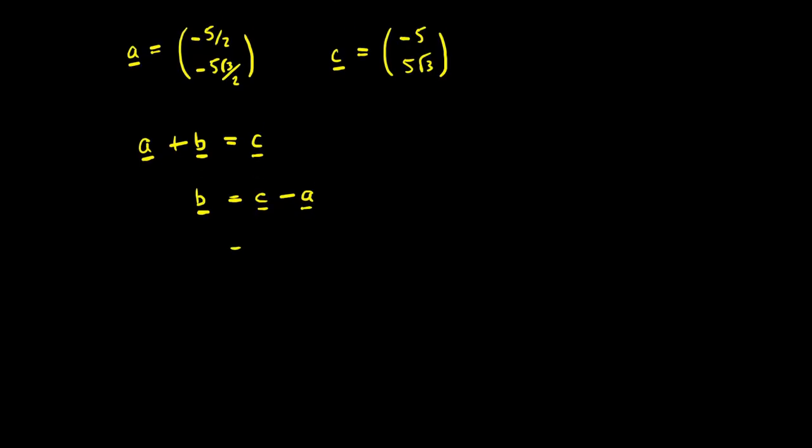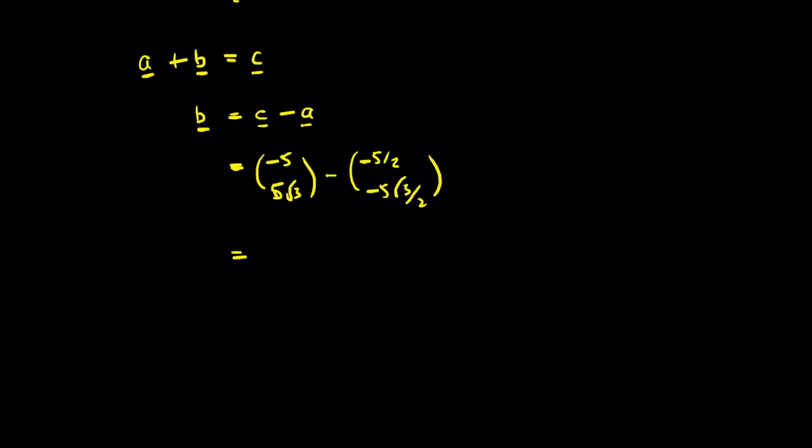So our C is minus 5, 5 root 3. And our A is minus 5 upon 2, minus 5 root 3 upon 2. Okay, so we're going to have minus 5 minus minus 5 upon 2. So that's minus 5 plus 5 upon 2. And that's the same thing as minus 5 upon 2. And we've got 5 root 3 minus minus 5 root 3 upon 2.